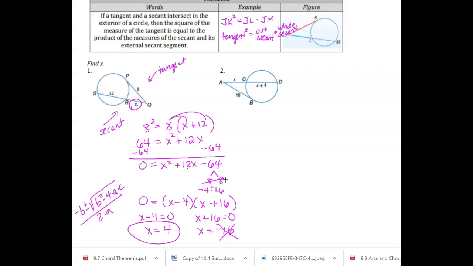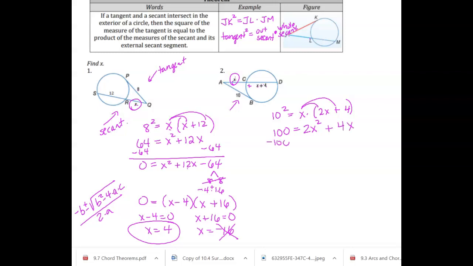All right, let's try example number 2. So we have our tangent squared, which is 10. So 10 squared equals our outer secant times our whole secant. So my whole secant would be x plus 4. So x plus x is 2x plus 4. All right, and we're going to distribute. So I get 100 equals 2x squared plus 4x.